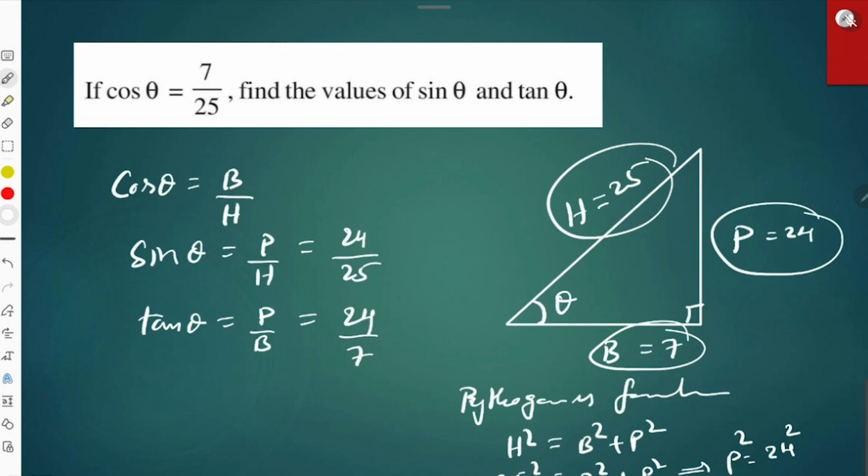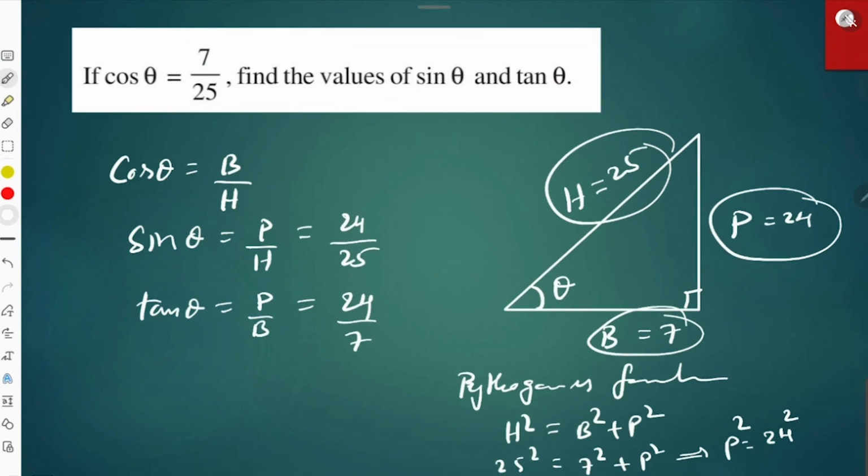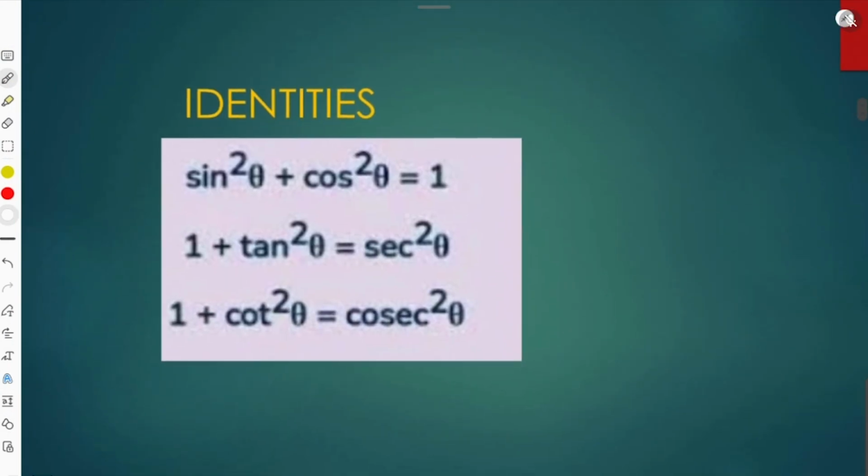Let's look into another problem. So these are the three basic identities which have been derived from the right angle triangle by the definitions of sine theta, cos theta, tan theta. Suppose P perpendicular, base and hypotenuse are there with reference to theta. What is sine theta? P by H. What is cos theta?